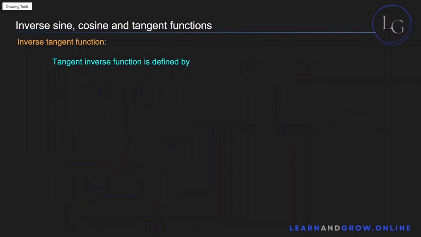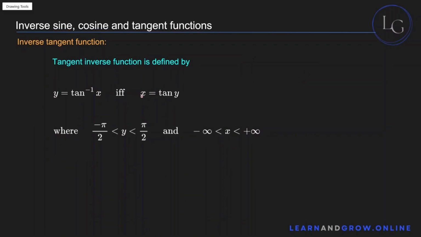Okay, so the inverse tangent function, again, the value of x will lie between -infinity and positive infinity, right? As you can see, the graph of tangent is something like this.